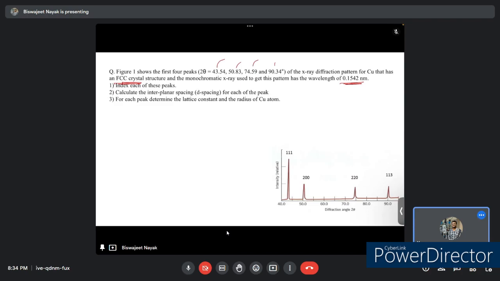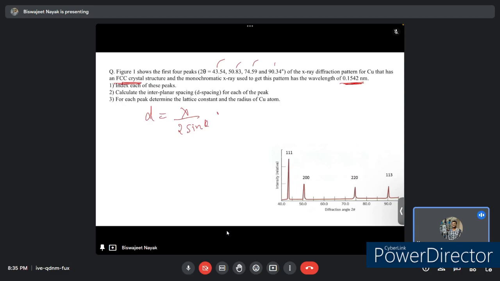As it is FCC, only planes with unmixed HKL will give diffraction. So D spacing can be calculated from Bragg's law as lambda by 2 sin theta.